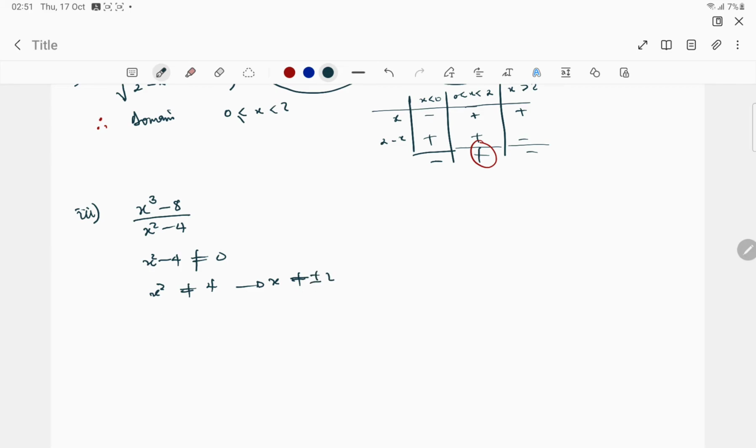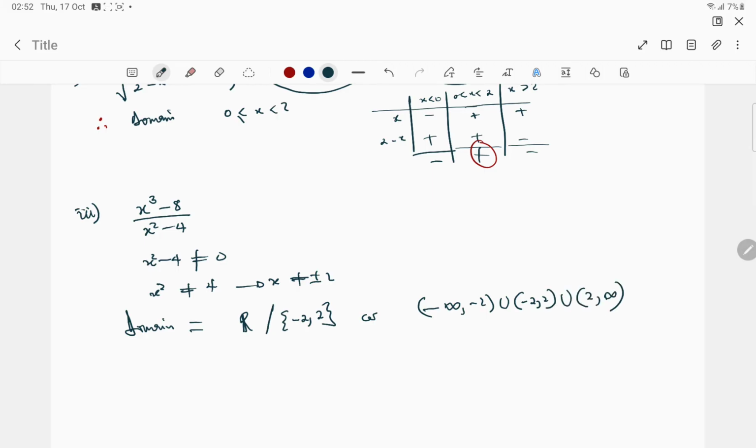So our domain is going to be the set R minus, or we can say minus infinity up to minus 2 union minus 2 up to 2 union 2 up to infinity.